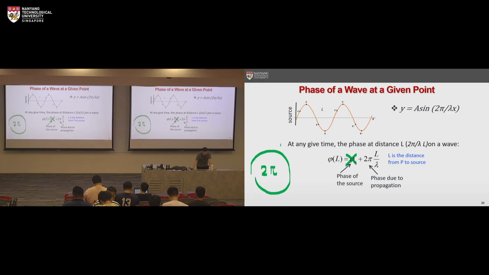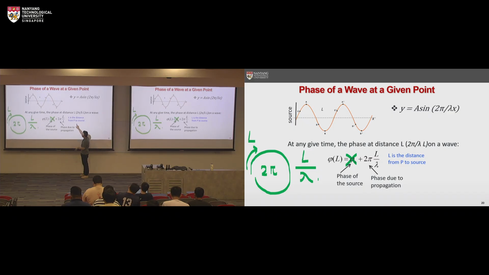Let's say you have been traveling a distance of L, and you know that one cycle is one lambda. So your fraction is L over lambda, because lambda is the distance you travel in one cycle. L is the distance from your point P to the source.